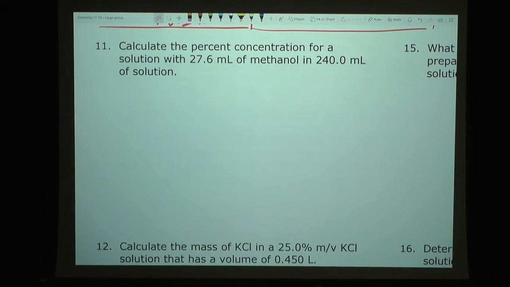Calculate the percent composition for a solution with 27.6 milliliters of methanol and 240 milliliters of solution. So what do you do if it's two solutions? It's one solution. Read it. Calculate the percent composition for a solution with 27.6 milliliters of methanol, 240 mils of the solution.